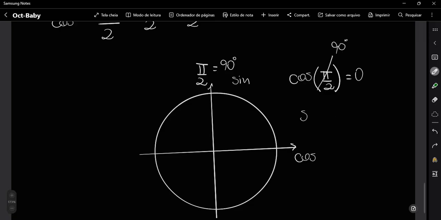And because of this, we know that sine of pi over 2 or sine of 90 is equal 1 because right here the component is right above on the sine axis.